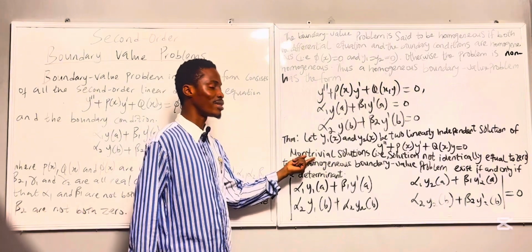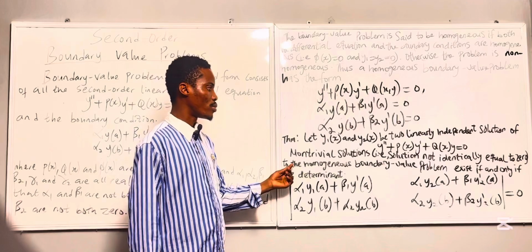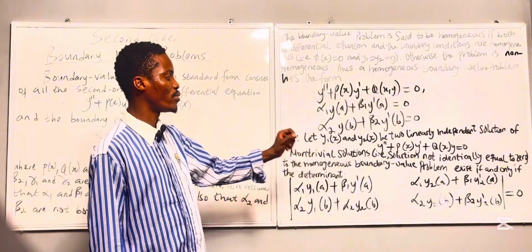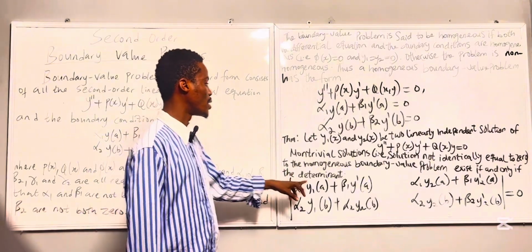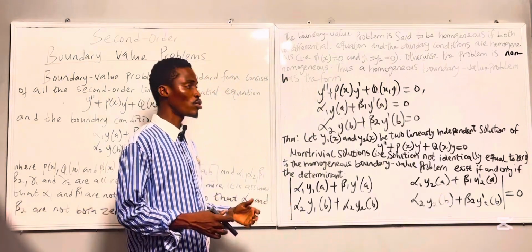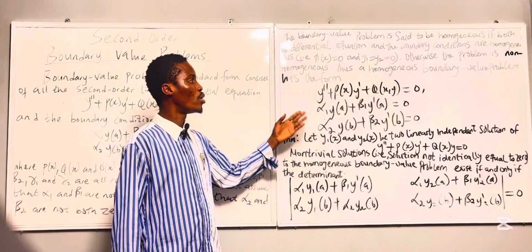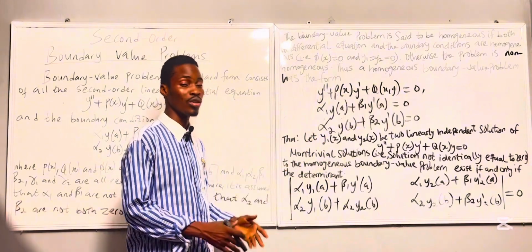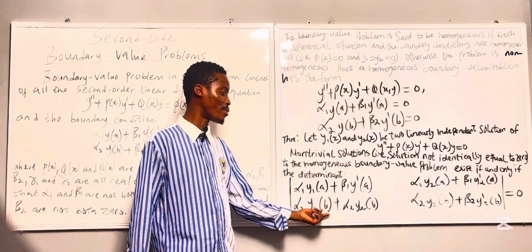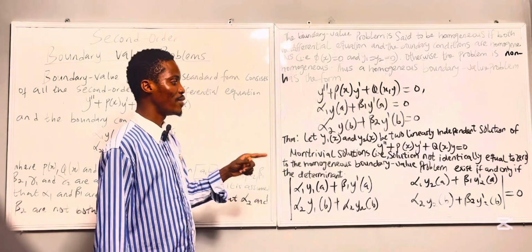So this statement means that a non-trivial solution to the homogeneous boundary value problem exists if and only if the determinant of all this is equal to 0. To solve a boundary value problem, we have to test using this determinant to check if it is equal to 0.